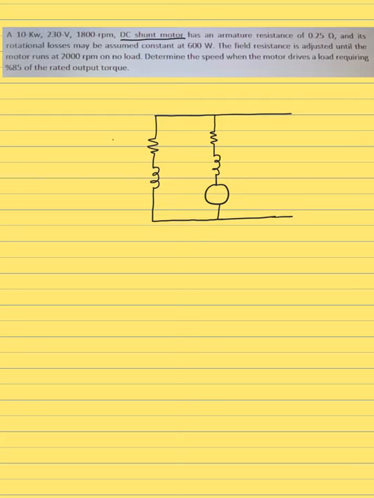This is your external supply, sometimes we call it VT, the terminal voltage. Now this terminal voltage is the same as VA, and it's the same as VF in the case of a shunt motor.